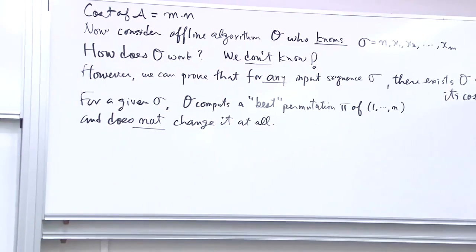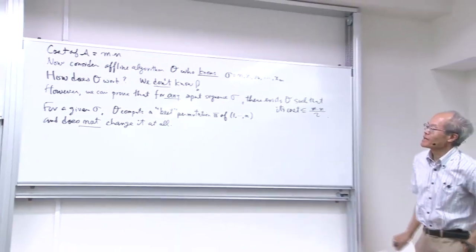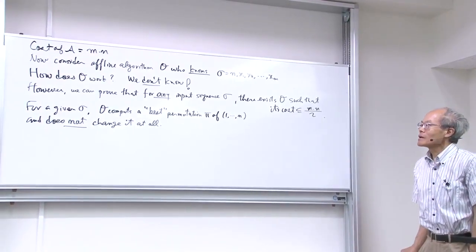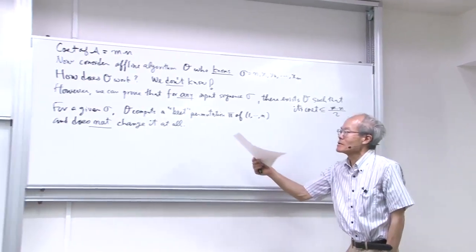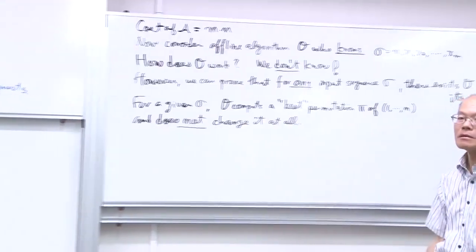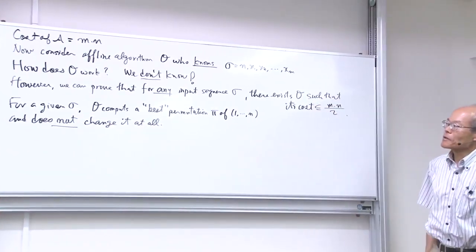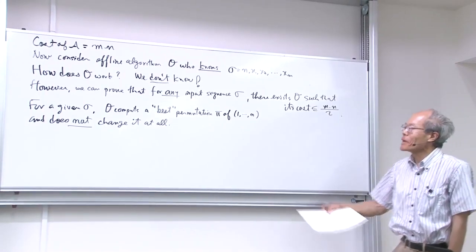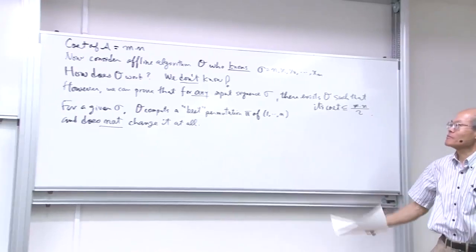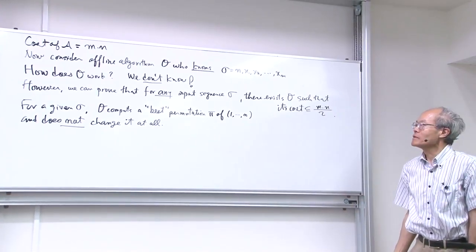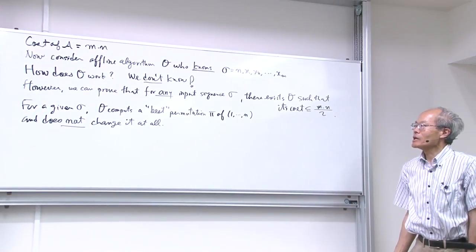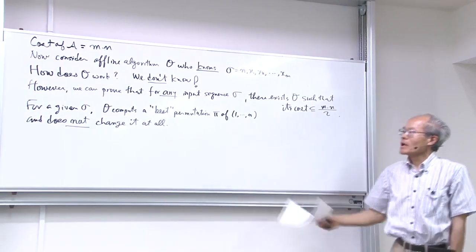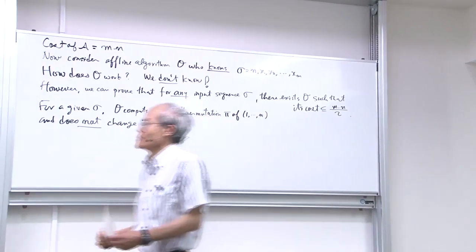The strategy of algorithm O is quite simple. At the beginning, algorithm O knows the input sequence sigma, then optimal algorithm O computes a best permutation pi of 1 through n. And it will use this permutation. So this is the initial permutation.